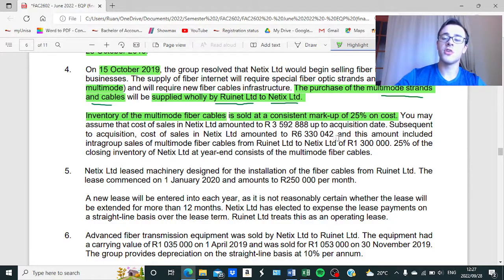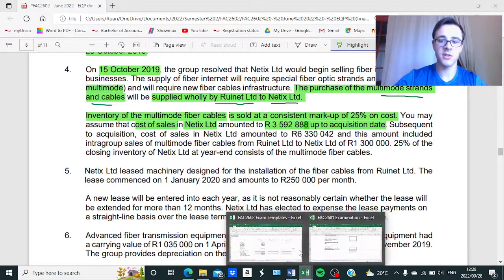Okay, you may assume that cost of sales in Netix Limited, so in other words the subsidiary, amounted to 3,592,888 Rand up to the acquisition date. So in other words, this is the amount for cost of sales for the pre-acquisition period. So we do not need to calculate it.